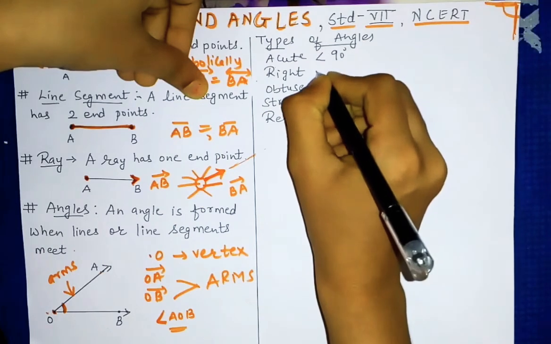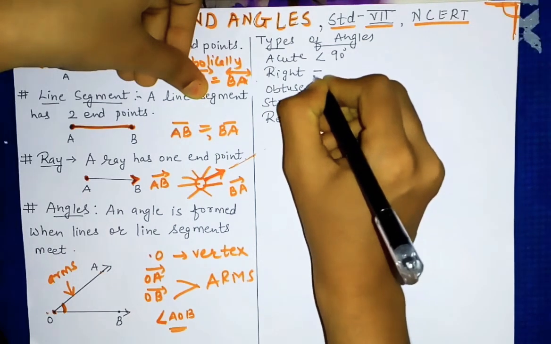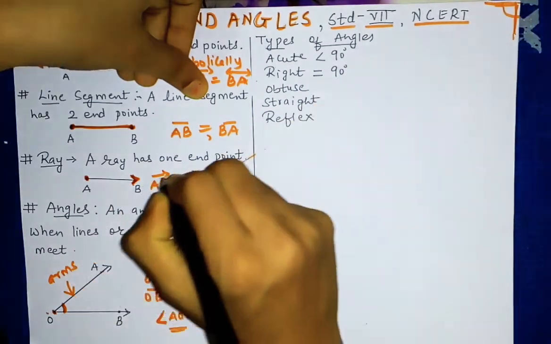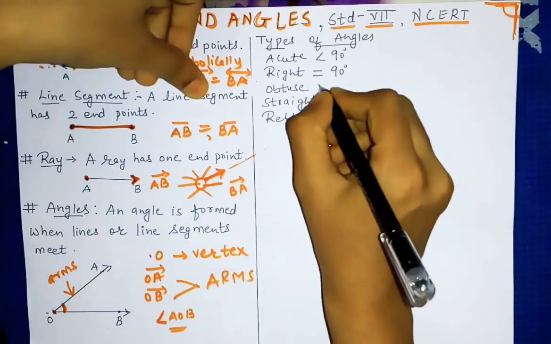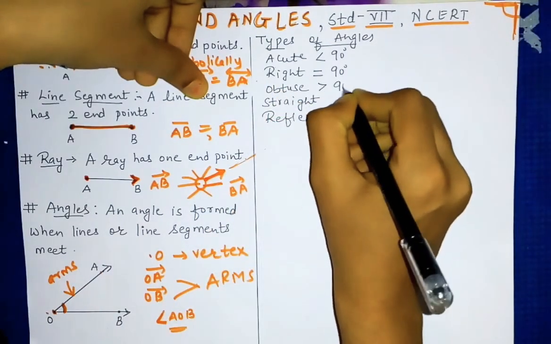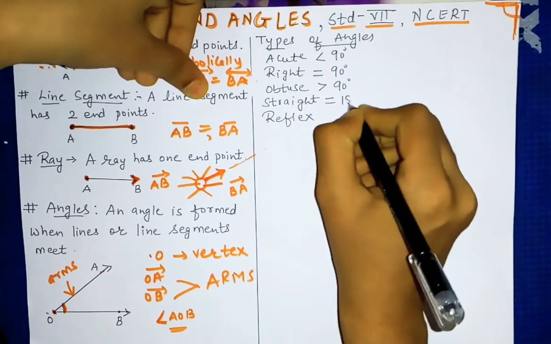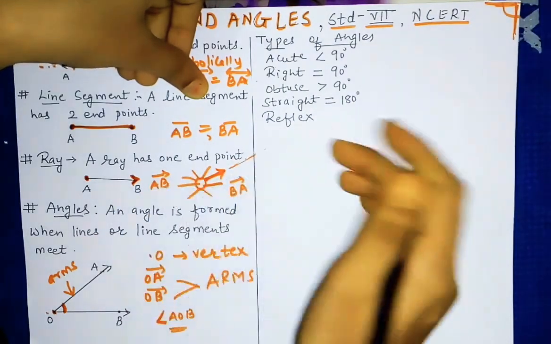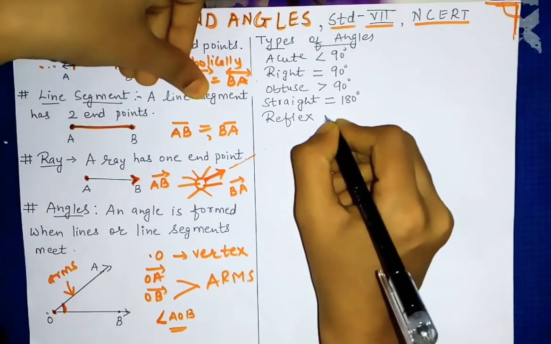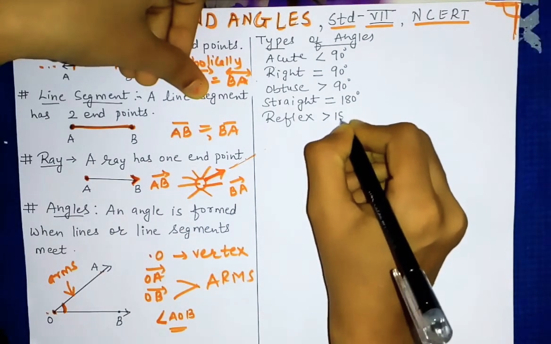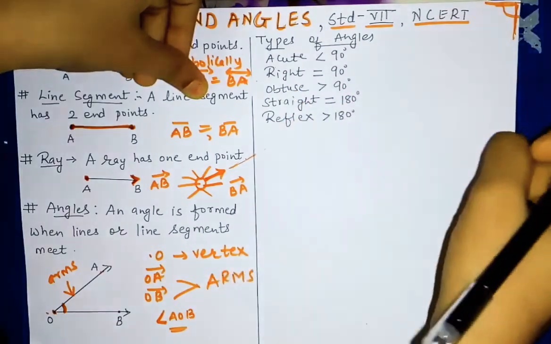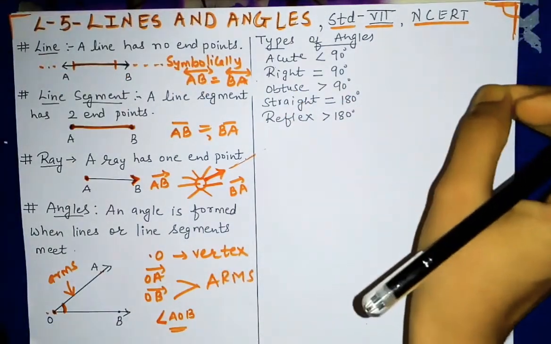Right angle means the angle whose measure is exactly equal to 90 degrees. Obtuse angle means the angle whose measure is greater than 90 degrees. Straight angle means it is equal to 180 degrees. And reflex angle means the angle whose measure is greater than 180 degrees. So these are the types of angles which you have already gone through in your previous class.